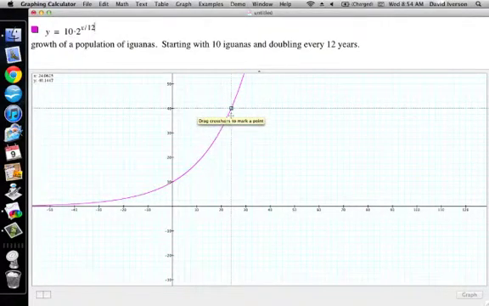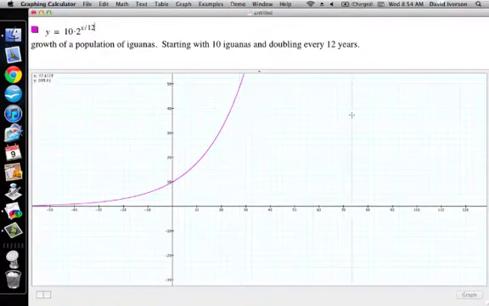And then if I slide it out to 100 years, after 100 years, I've got 3,225 iguanas. And after 120 years, I've got 10,240 iguanas.